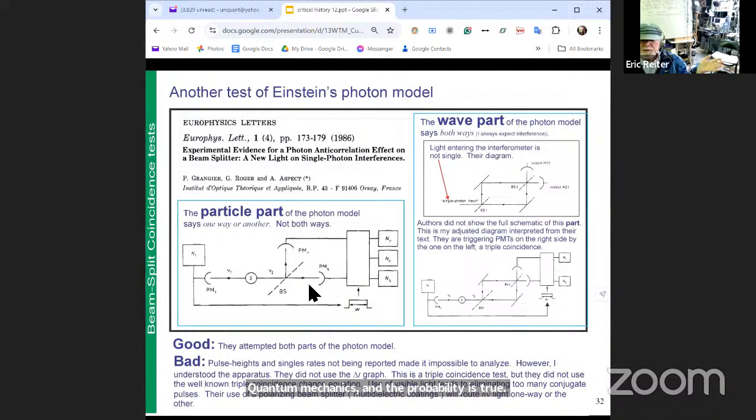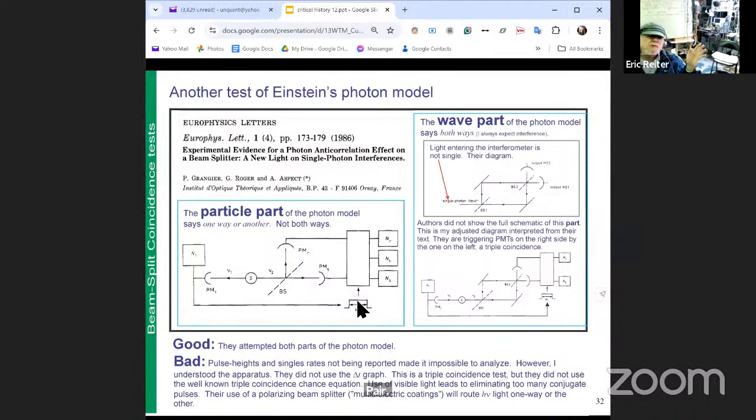So here's the beam split. It's really a triple coincidence test, what's going on here. They have a source that emits two, and they can pick up if it goes opposite directions, and they're using that as a trigger to look at the other pair and then see, does it do a triple coincidence?